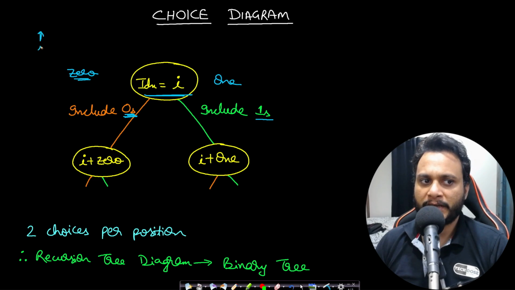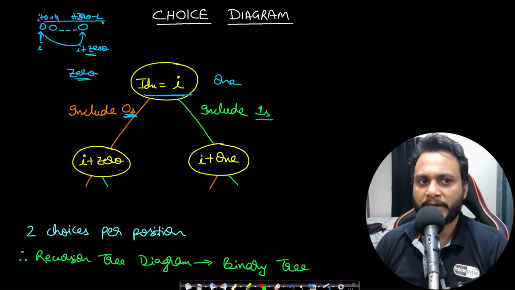So being at position I, if I add zero number of times, then I will go to a new position which is I plus zero, because I, I plus 1, I plus 2 and so on up to I plus zero minus 1 will all contain the zeros which we are filling up. So from I to I plus zero minus 1, everything will be included by the subarray of size zero, and so the next jump will be to I plus zero.